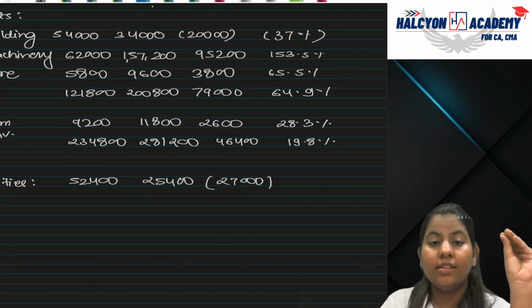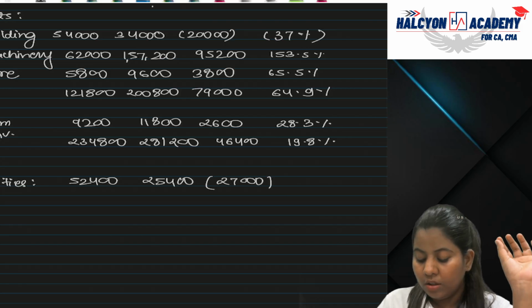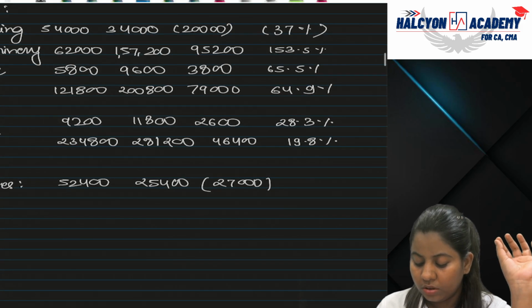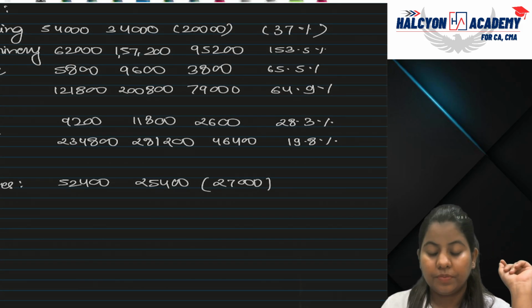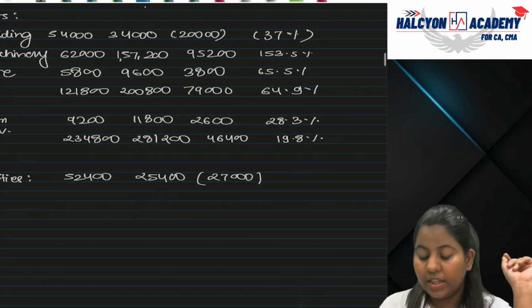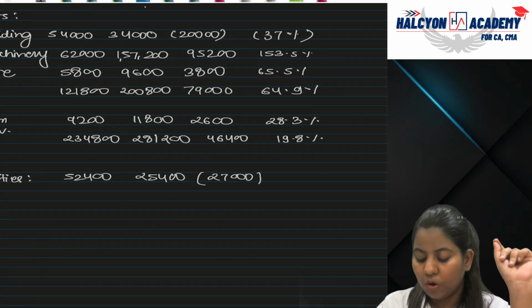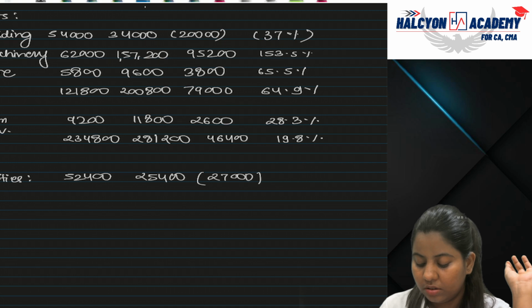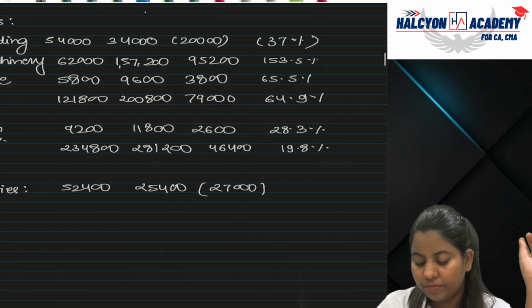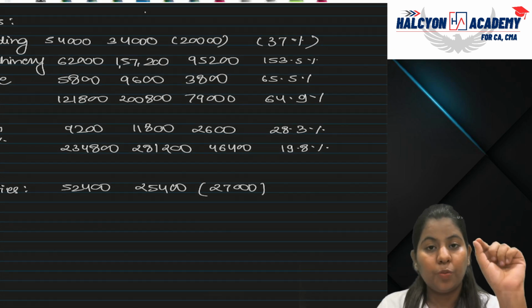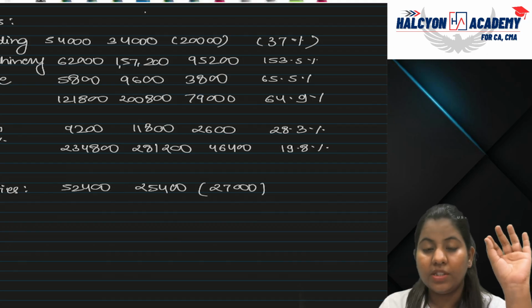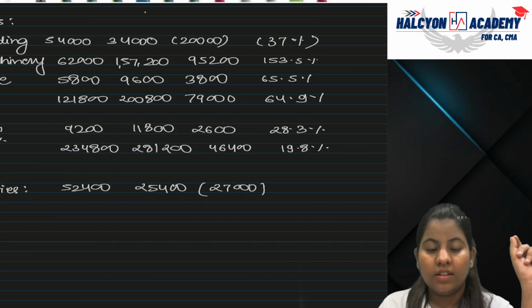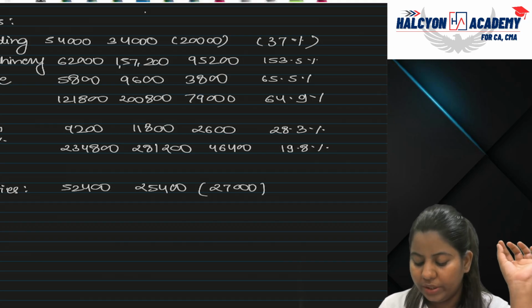If any answer is negative, don't forget to add a bracket. Either you can insert a minus sign or add a bracket. And if the answer is positive, please don't make the mistake of adding a bracket like I did.